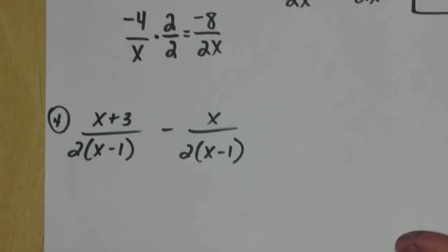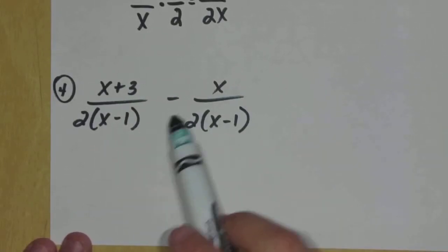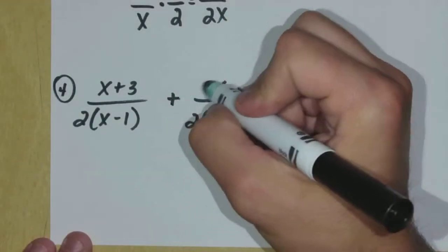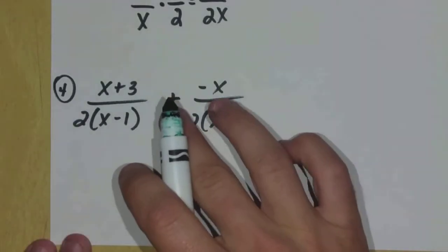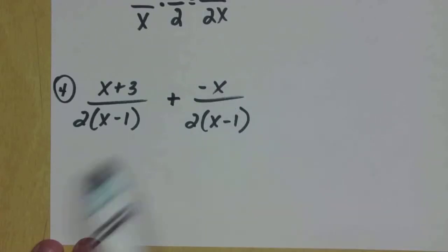Here's where they start to get a little bit trickier. I've got a lot going on here. I would recommend again to make this plus a negative x, just so that I don't have to worry about any minus signs and having to distribute, especially if this was a quantity. Now it's only one thing, but that would make this somewhat tricky.